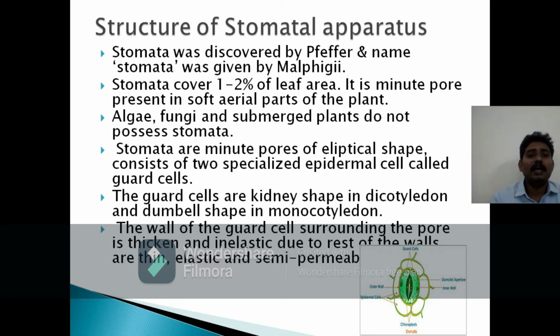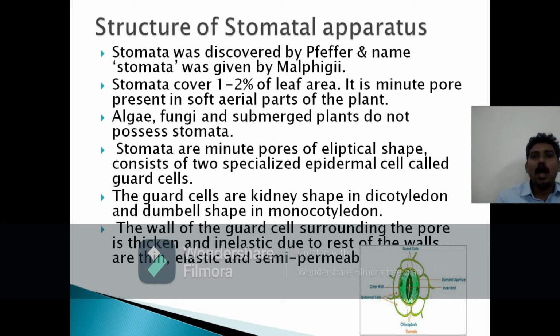Stomata are very minute pores of elliptical shape, consisting of two specialized epidermal cells called guard cells. The guard cells are kidney shaped in dicotyledons, whereas in monocotyledons these cells are dumbbell shaped.